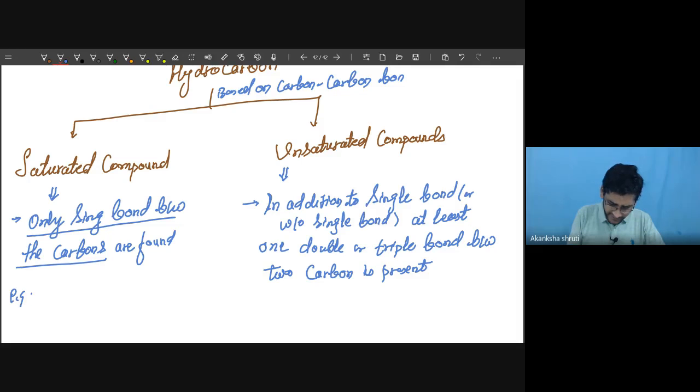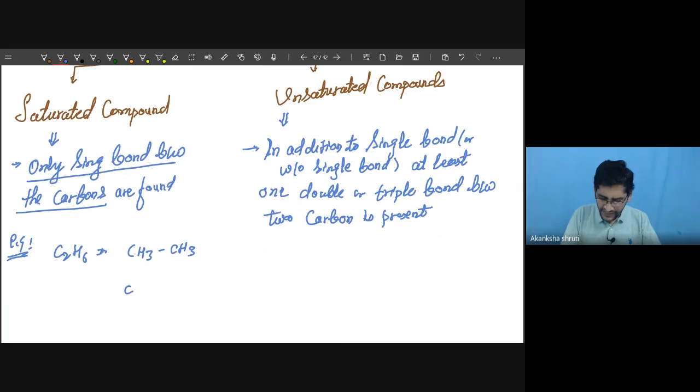Example, if you are taking C2H6, the simplest one I am taking, how is the structure? It is like CH3, representing carbon, and the other valency of each carbon is filled with hydrogen. It is like this one.